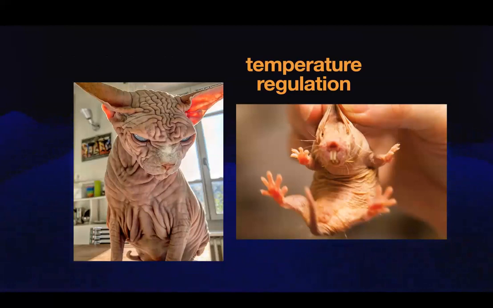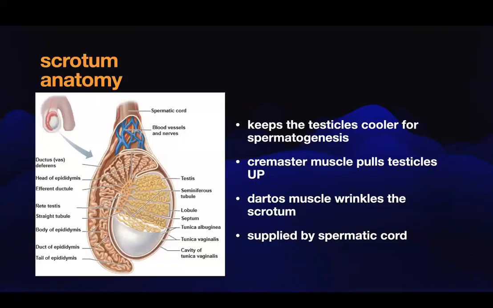The scrotum plays a very important role because we want those testicles in the perfect environment for sperm production, not as cold as possible, but just right. The scrotum is the outer bag-like structure that holds the testicle, the epididymis, and a lot of other stuff, but its main job is to keep the testicles cool.